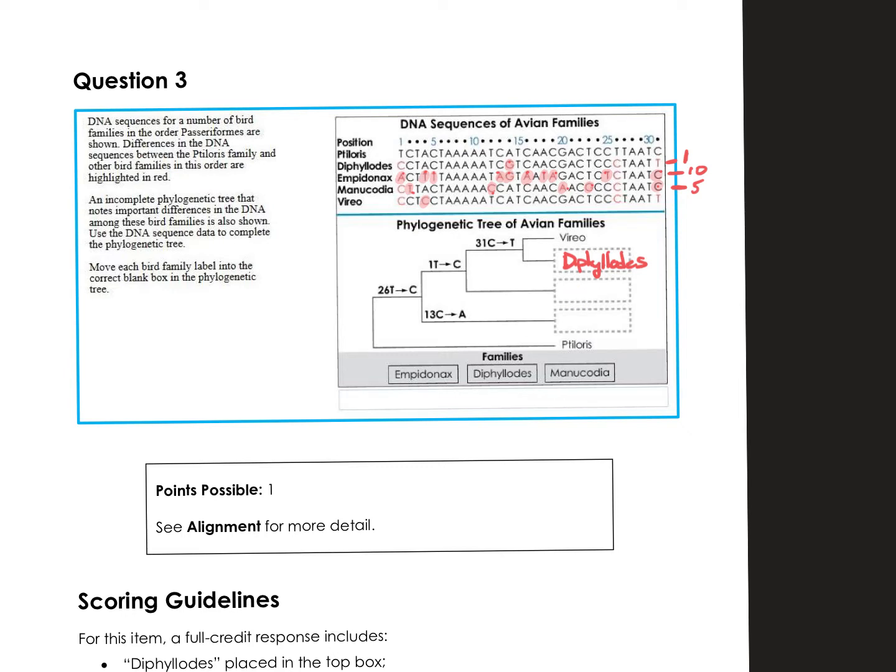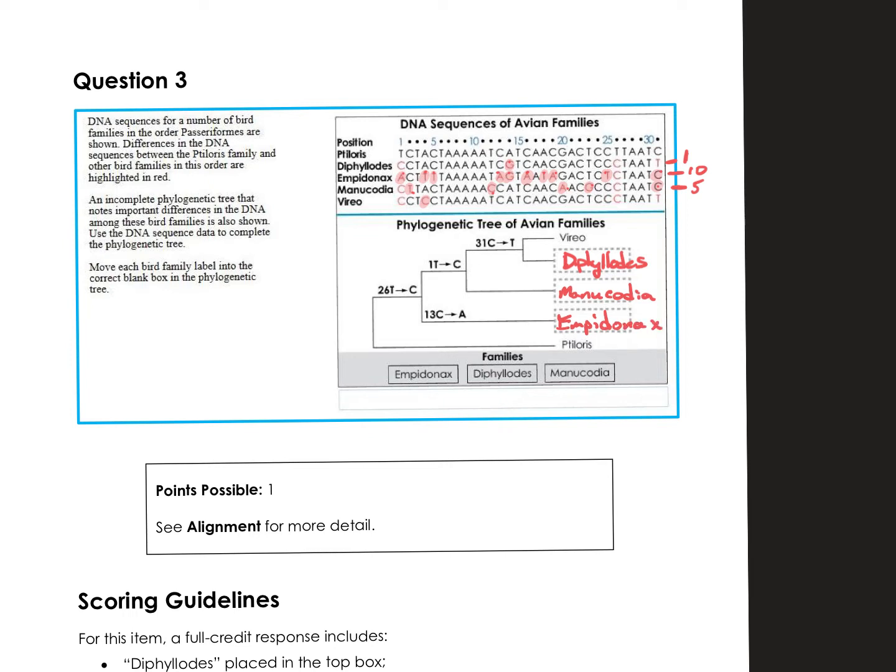Well, if you look, the Epidonyx, or however you pronounce it, has 10 differences, but the Manucodia has 5 differences. So Manucodia would probably go here, wouldn't it? And of course, the only one left now is Epidonex.